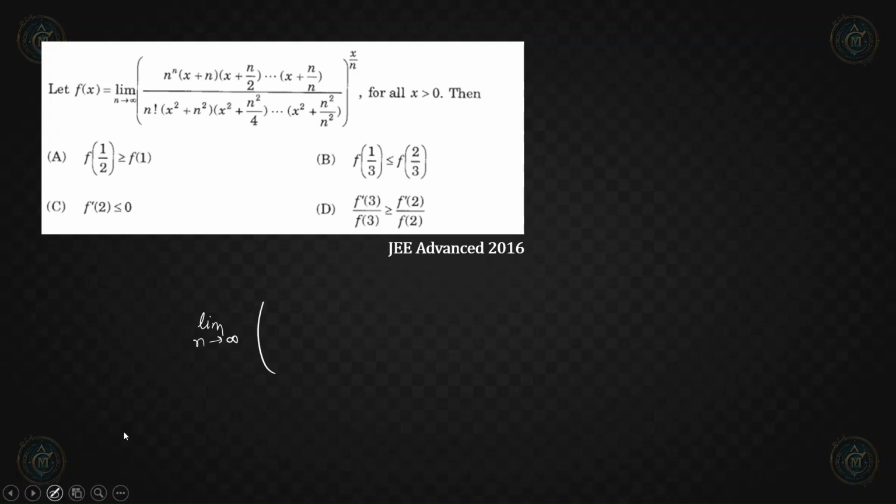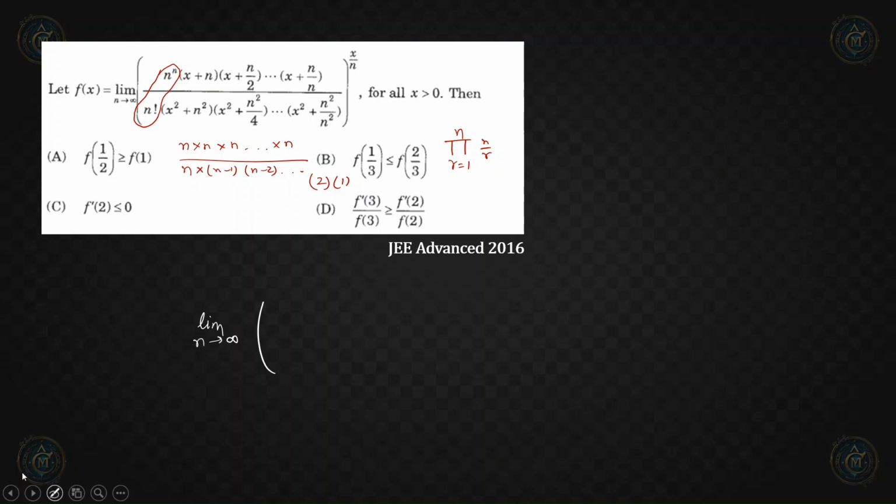Now if we look carefully at this expression, n to the power n divided by n factorial, we can write as n times n and so on up to n times, divided by n factorial, which we can write as n times n minus 1 times n minus 2 and so on up to 2 times 1. So this thing we can write as product of n divided by r, from r equal to 1 to r equal to n.